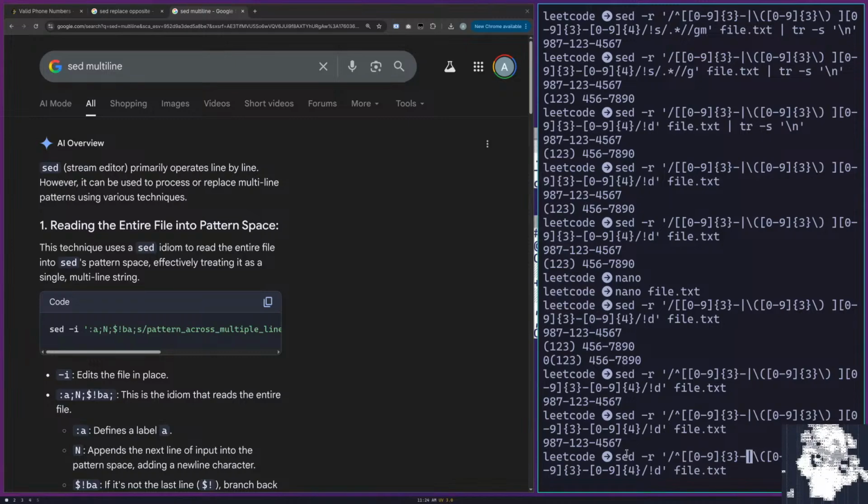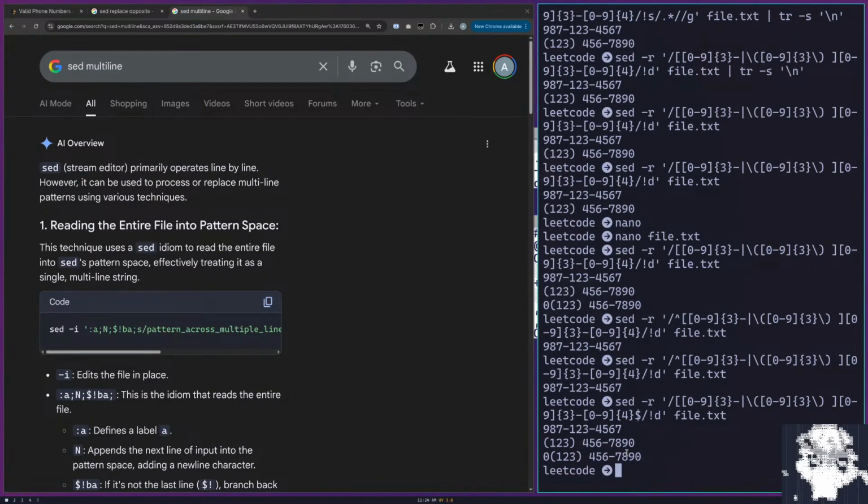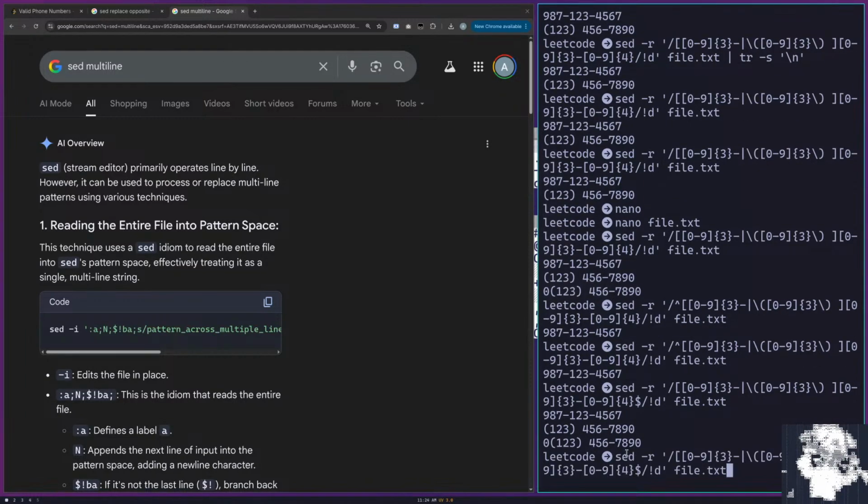I don't understand why. And then if I put $, which is supposed to mean end of line, that works. So maybe I'm just putting the caret in the wrong place?